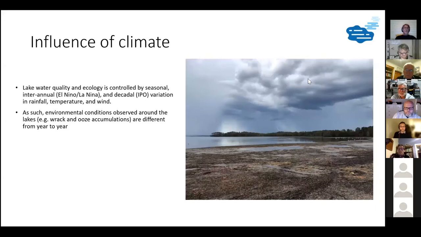So what this means in terms of being on the ground in a place like Tuggerah Lakes is that, due to the influence of these climatic cycles, the rain, temperature, and wind, the environmental conditions you experience around the lake, such as rack and ooze accumulations, are very different from year to year.